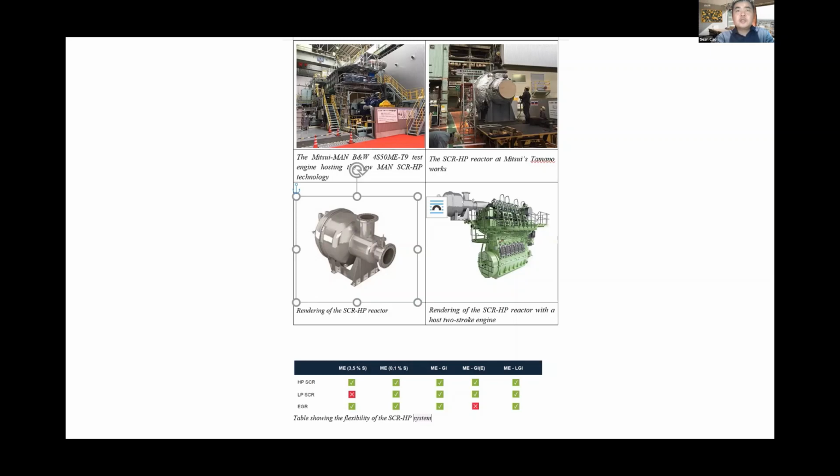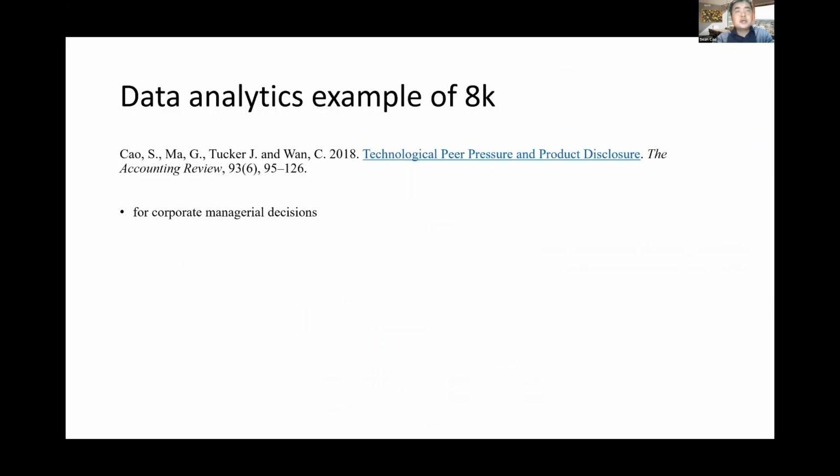Should I disclose this to have Mercedes-Benz buy more engines and make investors happy, or should I hide the information? Because if I disclose it, my competitors will make a similar product that hurts me. So Joe, can you help me make a decision? This is something you can do using textual analysis and empirical analysis to understand the idea.